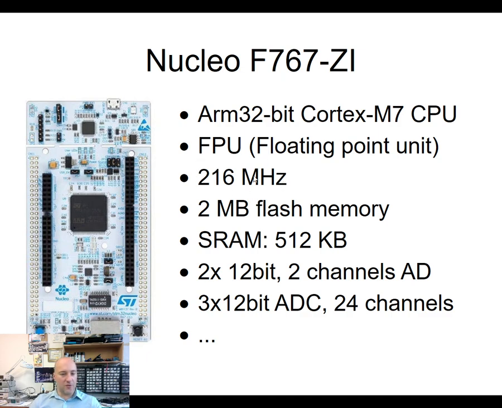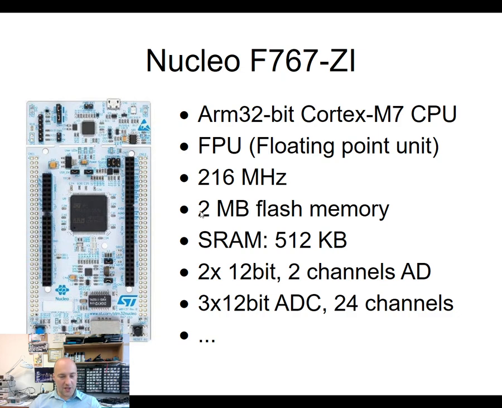If you need fast operations, it will have higher power consumption. It is of course the question of price, because a CPU without a floating point unit would be less expensive than the CPU with a floating point unit. And it's of course the question of memory and peripherals that you actually require.